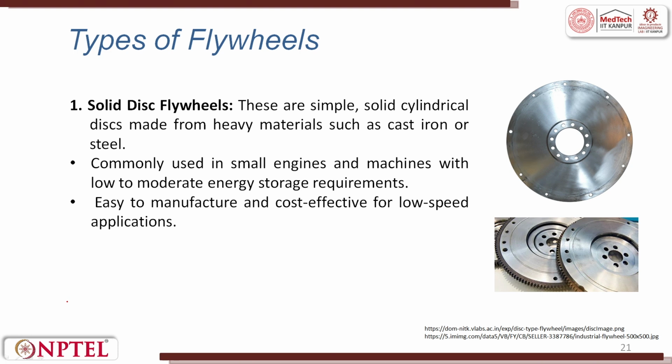First is the solid disc flywheel. These are simple, solid, cylindrical discs made from heavy materials such as cast iron and steel. Since heavy material is written here, that means weight is a concern for a flywheel to be designed. This is a simple disc.